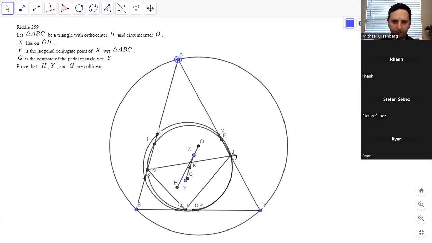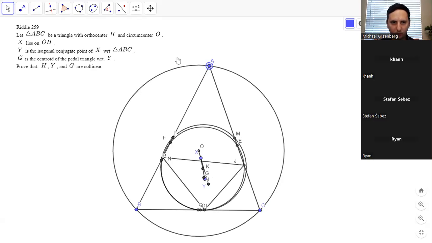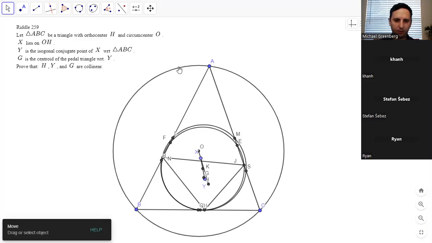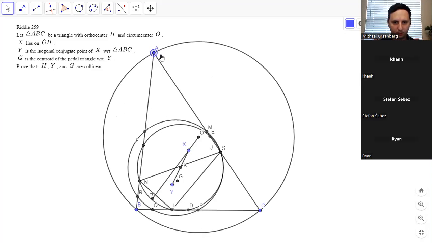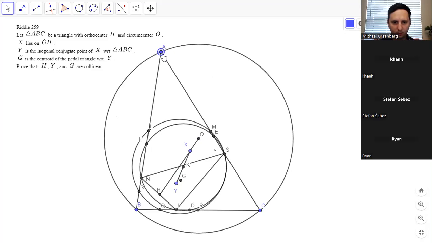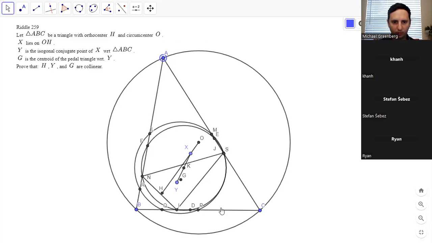So where's the point right here that I'm missing? Let's see. So be like this point. So yeah, we have a certain symmetry where it's like, wait, it doesn't look like, let's see. Oh, because K is not the 9-point center. So, okay, maybe it's not that helpful then.